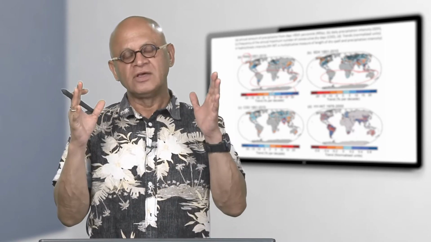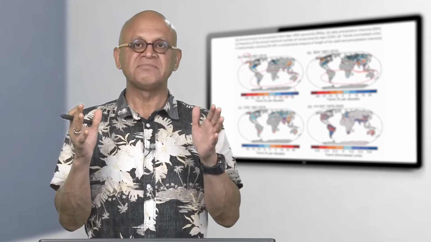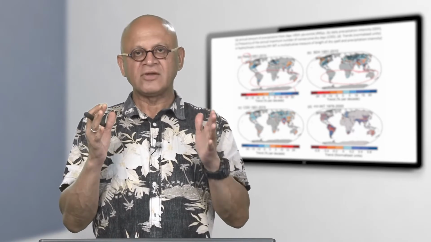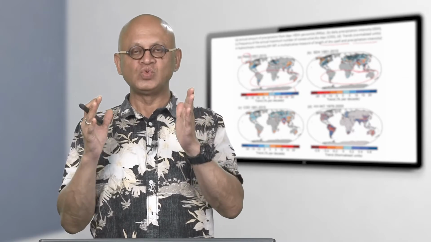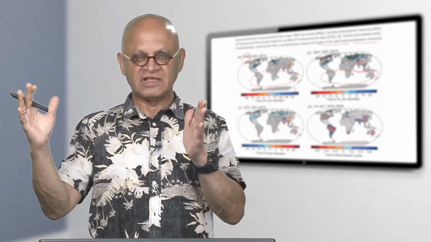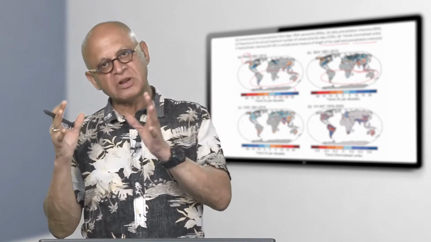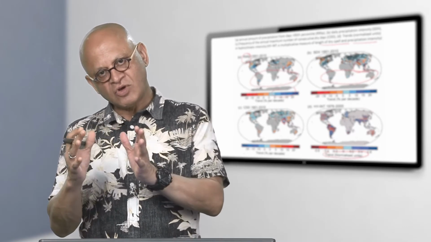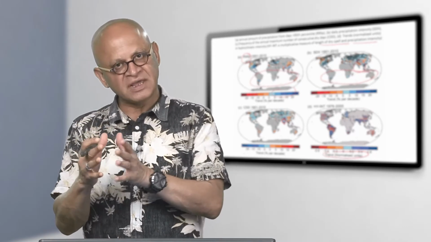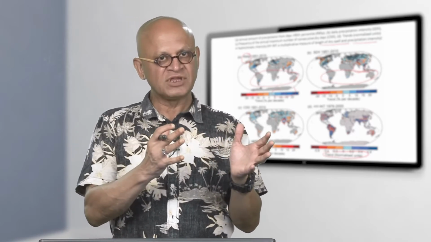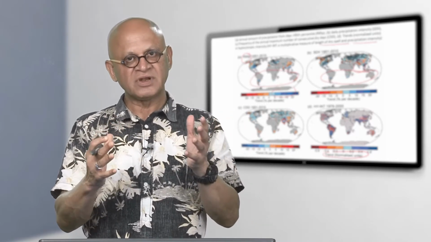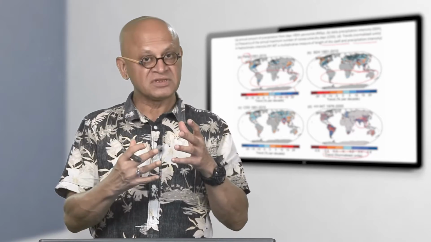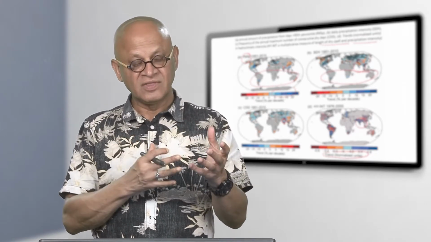So if you are getting on average, let's say 900 millimeters of rain in a particular part of India, that rain used to occur between June and September 15th, let's say, but now a similar amount of rainfall can fall, but it will be distributed on fewer days than before. If you were getting average rainfall of 10 millimeters per day for 90 days, now you might be getting 30 millimeters per day on only 30 days.